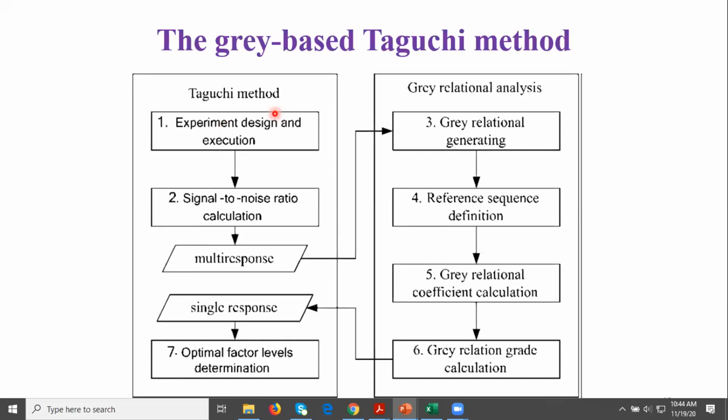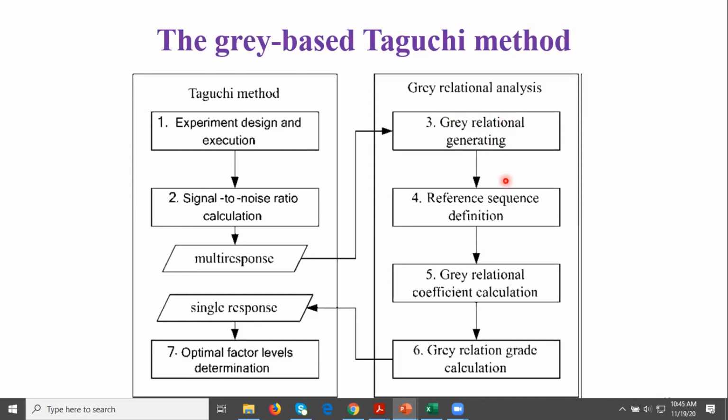From that, they make the signal to noise ratio. If one single response is there, the calculation is easy. Suppose multiple responses are there. From the multiple responses, how do we predict the value? In that case, we use gradation analysis. First is gradation generation, which we just discussed.